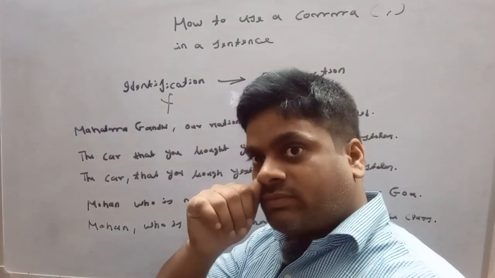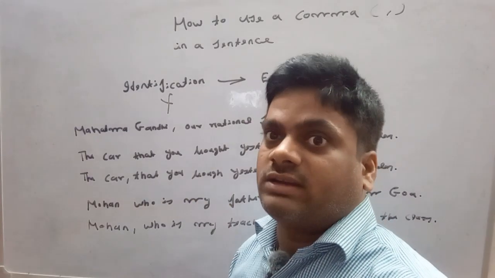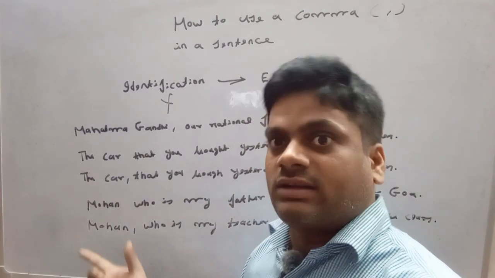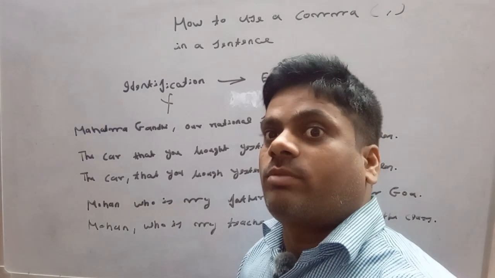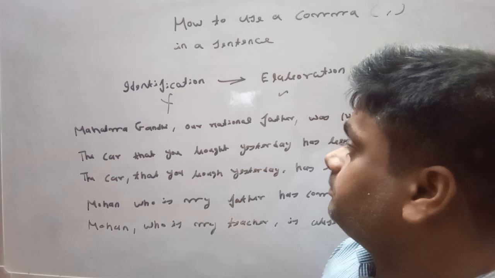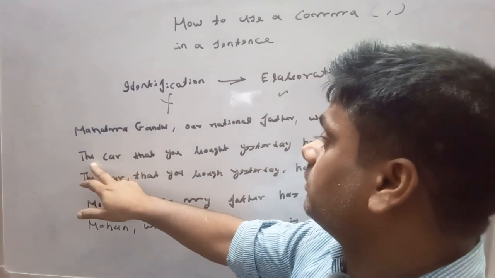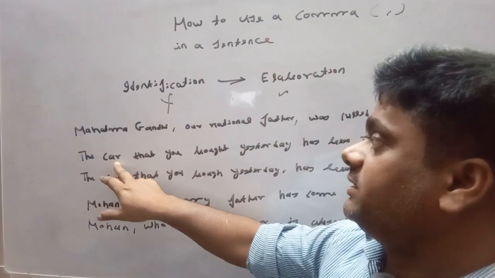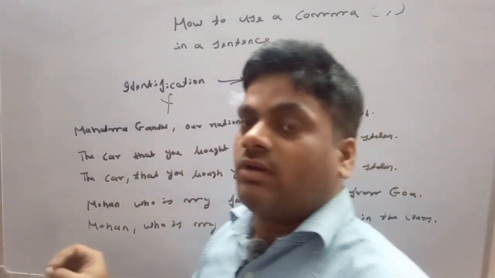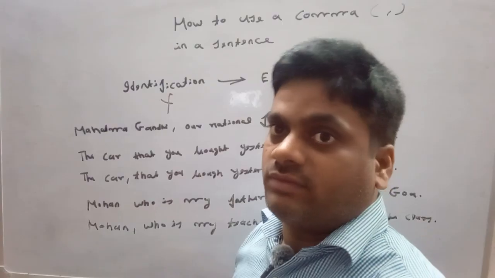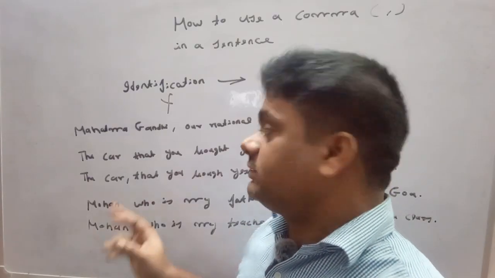Elaboration of the car means we have only one car. In the second sentence, the car that you bought yesterday has been stolen, it means we have more than one car, and the new car that we bought yesterday has been stolen from the parking lot.